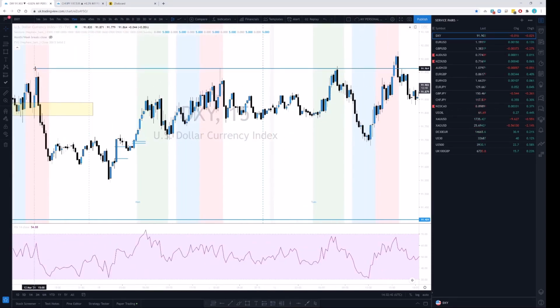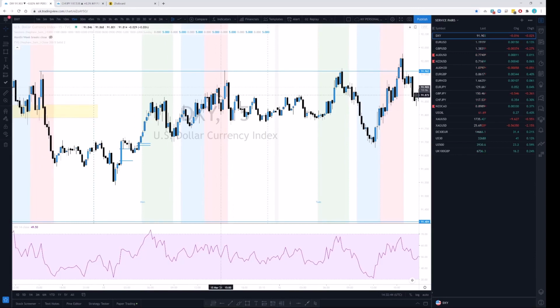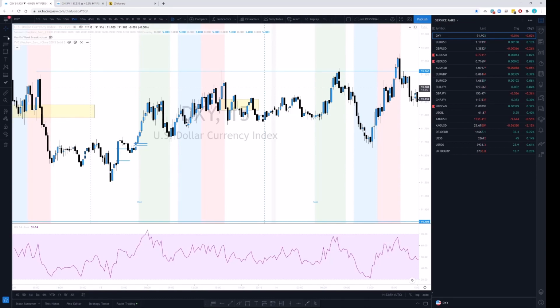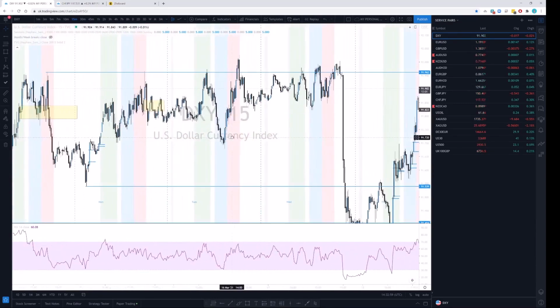Actually they did run it here, so you're going to sell short there. Obviously don't trade the DXY, I'm just using it as an example. Okay, so you're always looking at previous day's highs and lows as where price is going to form a trade idea for you.